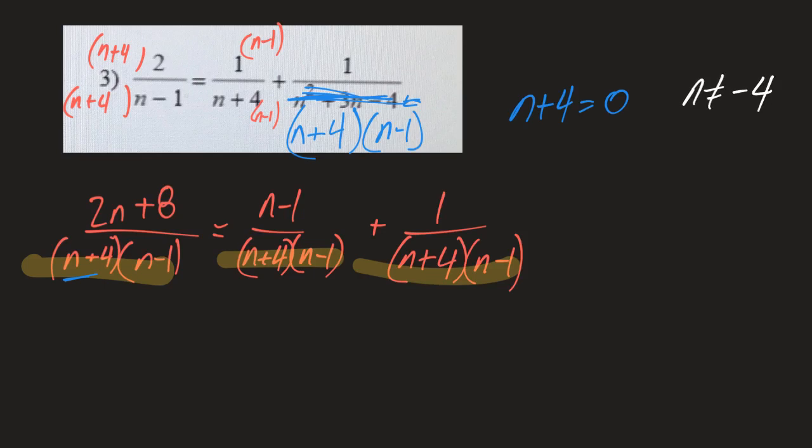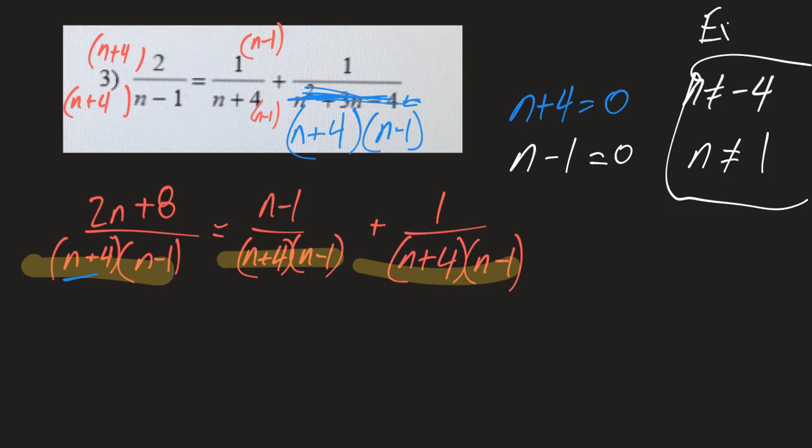And same thing with n minus 1. So we're going to have n minus 1 equal to 0. And move the 1 over, we get n should not equal 1. Okay, so these two numbers right here are my excluded values. So basically, we should not get one of those as our answer. If we do, we know that that solution is invalid and we're going to throw it out.